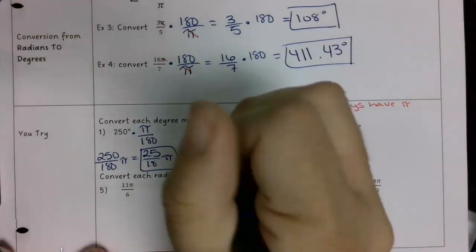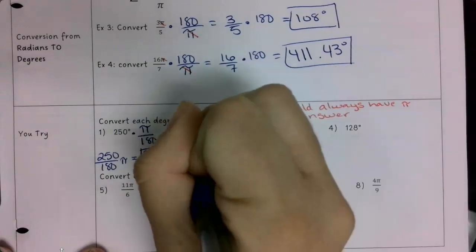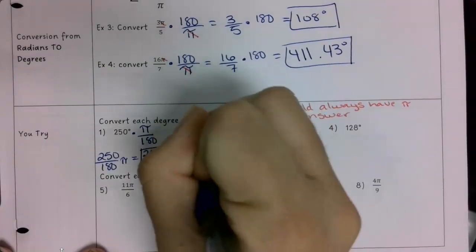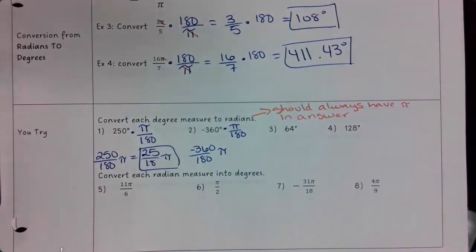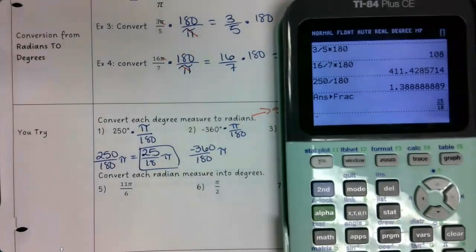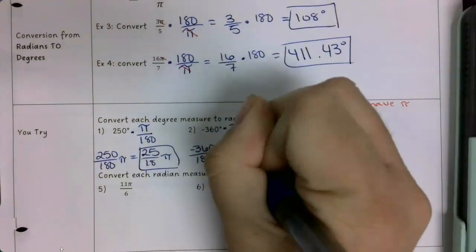Okay, same thing for number 2. So I'm going to multiply it by pi over 180. So I can rewrite this as negative 360 over 180 times pi, which just gives me negative 2. So my answer here is negative 2 pi.